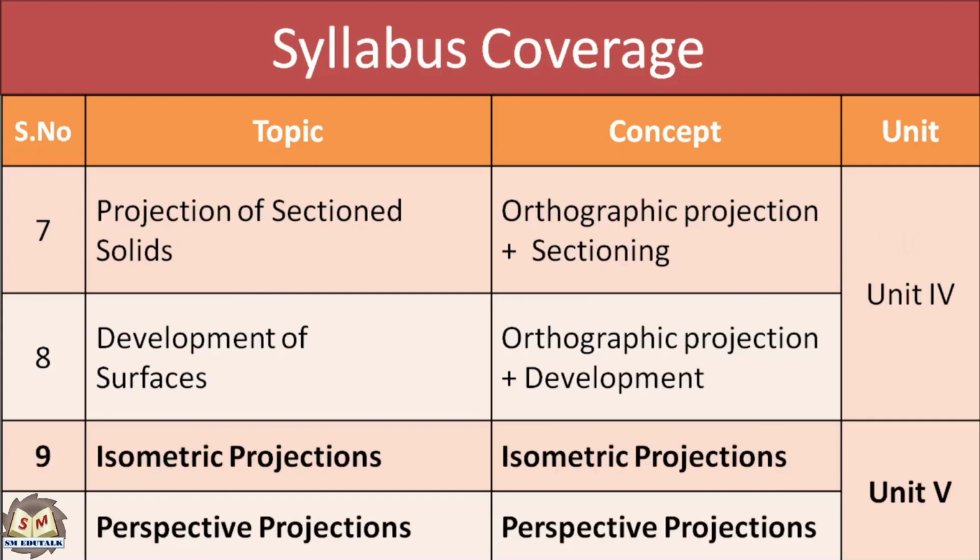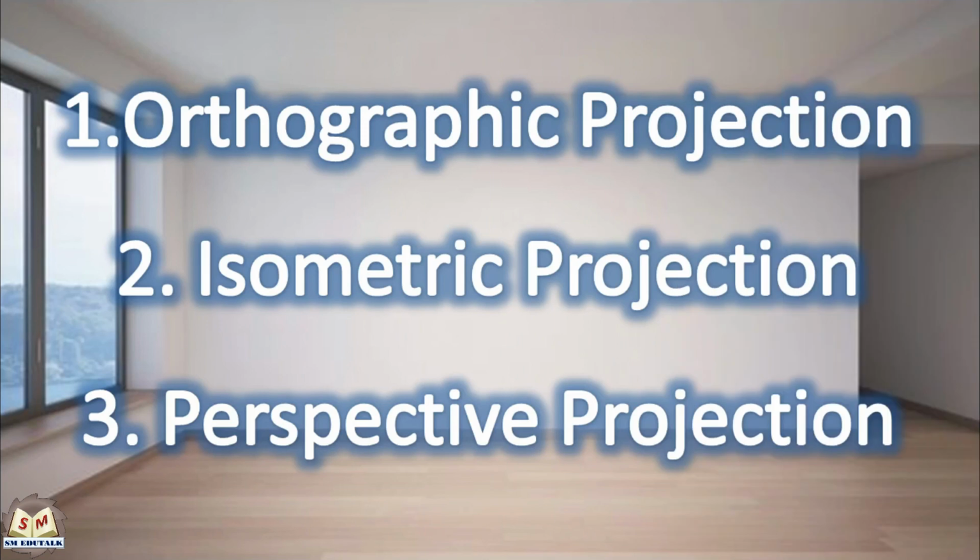Isometric projection is in the first half of the fifth unit, whereas the other half covers perspective projection. Now, you can understand that the major portion you are going to study in engineering graphics covers these 3 projections. In the next video, we will see orthographic projection in detail and 4 quadrants.